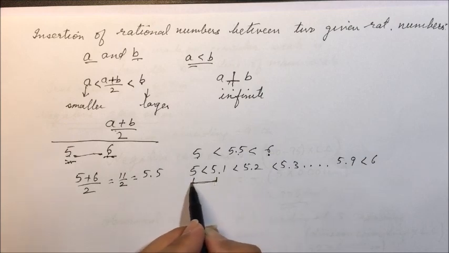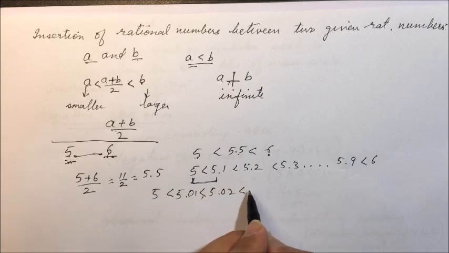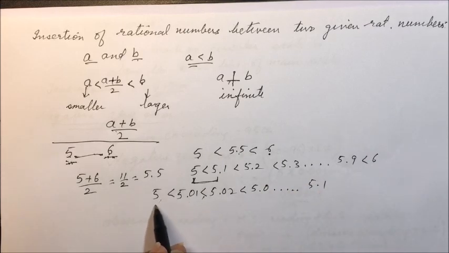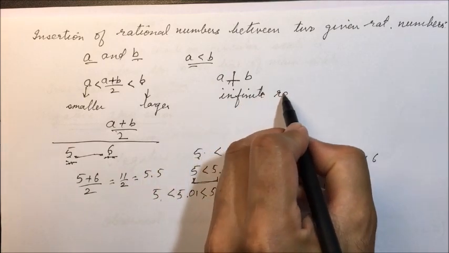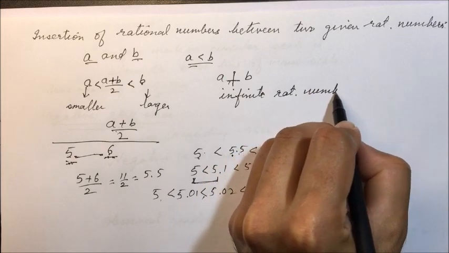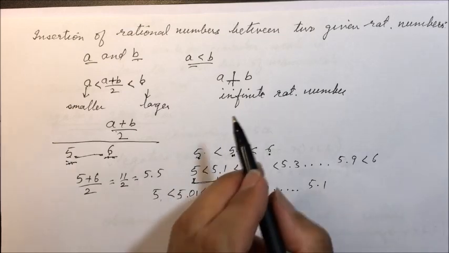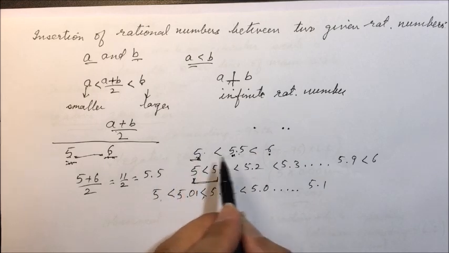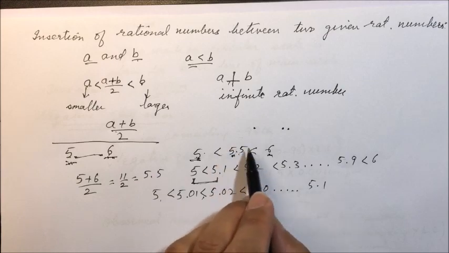Now between 5 and 5.1, again you can write 5.01, 5.02, and so on. So between any two rational numbers, there are infinite rational numbers, and from among them we can insert any number of rational numbers.